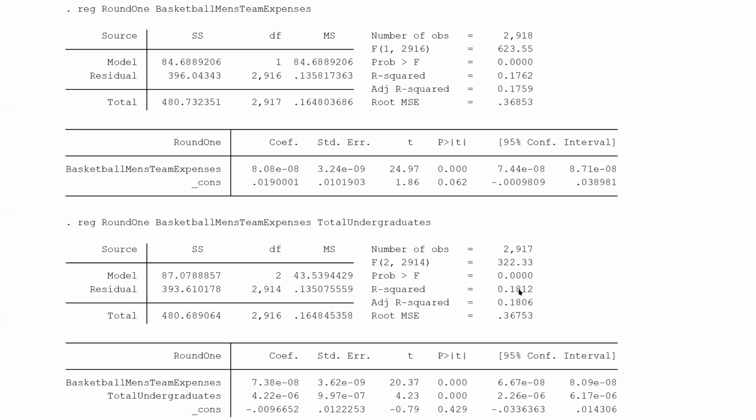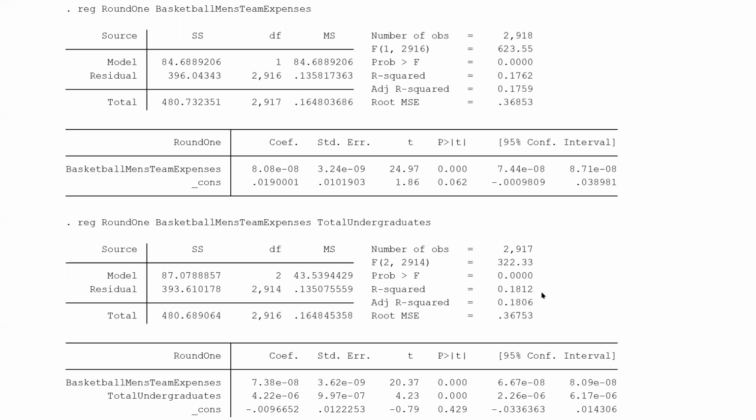Now, just including the team expenses, my R squared was 0.17. So I was just with that one variable explaining 17% of the variation that exists in whether or not a team makes it into that first round of the NCAA tournament. When I included number of undergraduates, notice it didn't change my R squared much.